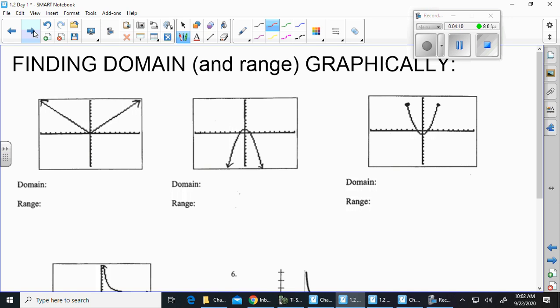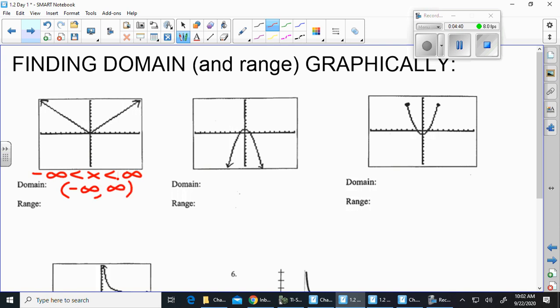Now, finding domain and range graphically. This is what we don't do in this class. This is what we did in Algebra 2. At the very beginning of the year, this is where we used to say, so domain, left to right. This domain last year, you would have written negative infinity less than x less than infinity.